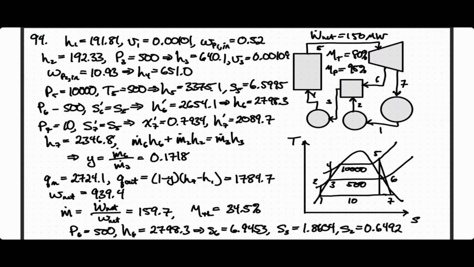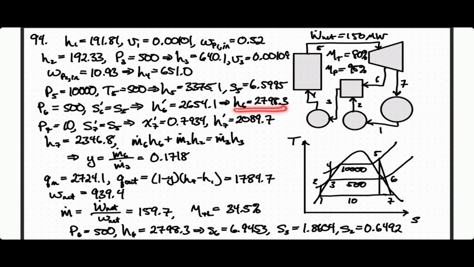We know the pressure there and the entropy for the isentropic case, so we can get the isentropic enthalpy at 6, this point here, 6 prime. Then we know the efficiency of the turbine, so we can get the actual enthalpy at 6.